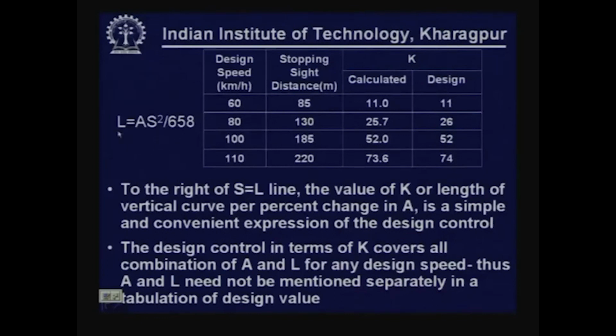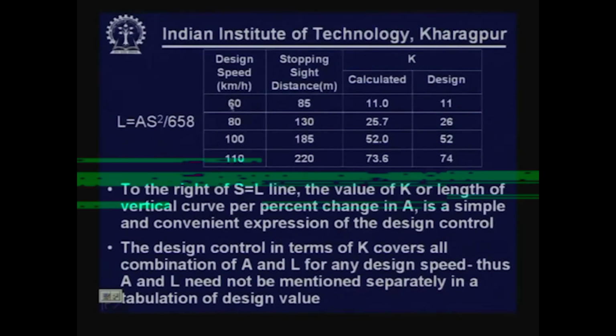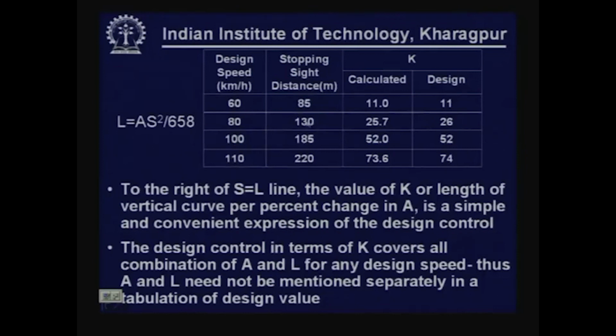If we take this formula, then for different design speeds we can calculate the stopping sight distance, that we have already covered earlier. If the design speed is known, we can easily calculate the required stopping sight distance, considering the reaction time and the design deceleration rate and all these things.